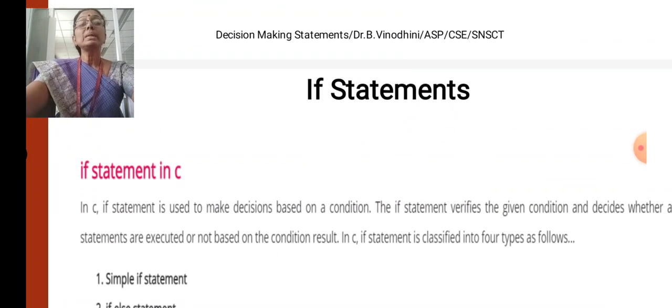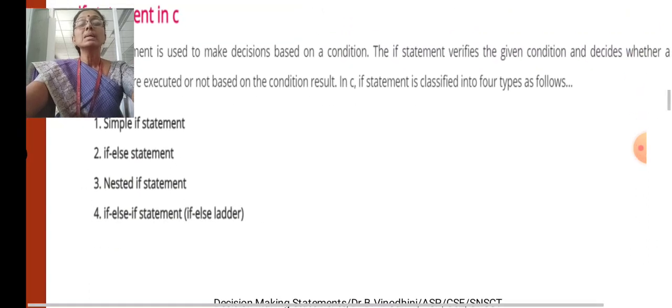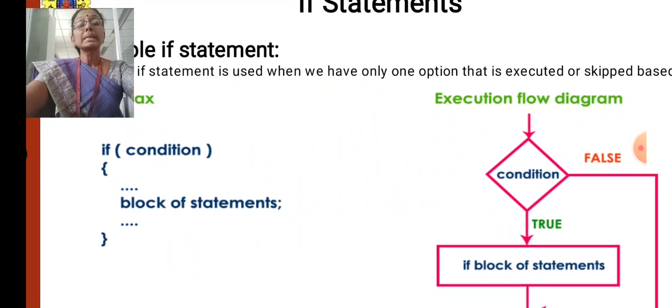First is the simple if statement. The if statement is used to make a decision based on some condition. This is the syntax of the simple if statement: if is a keyword, and within brackets we have the condition. Once the condition is true, the block of statements is executed.